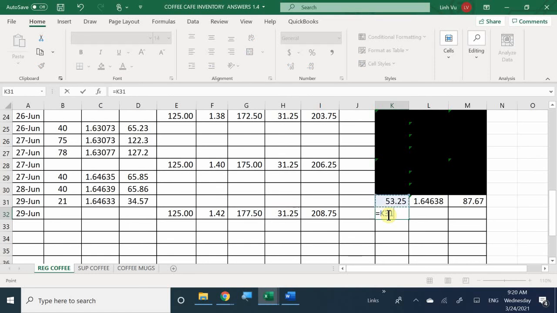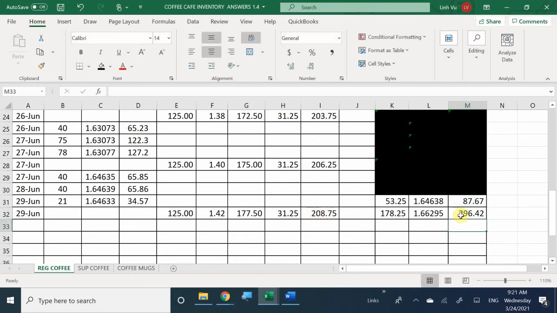I'm going to add my 53.25 pounds with my 125. So how much should I have in quantity? 178.25. Then we're going to add my 87.67 to my 208.75, and I should get 296.42, which should match your ledger.